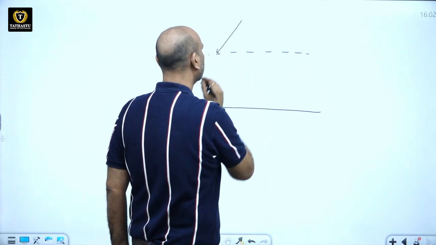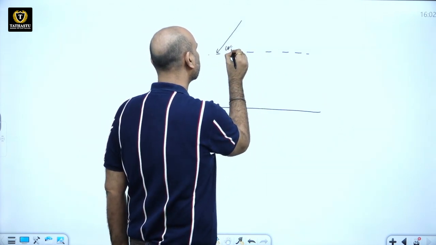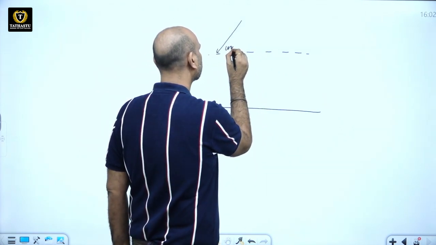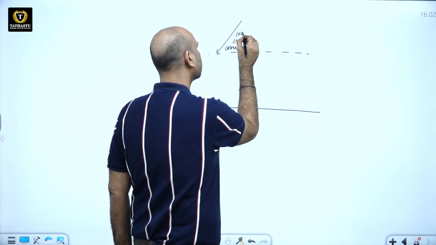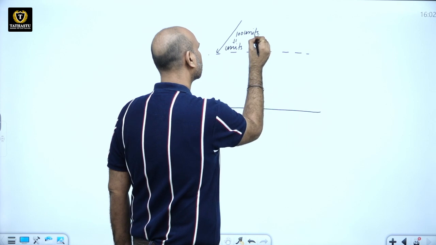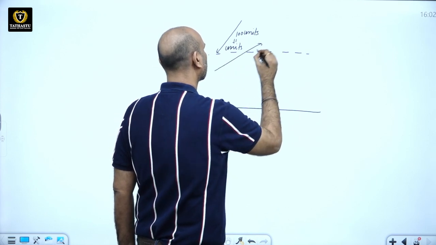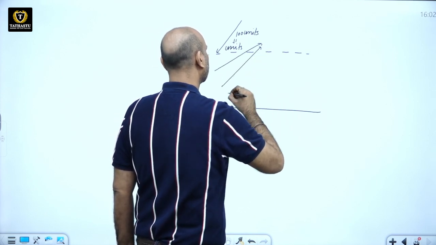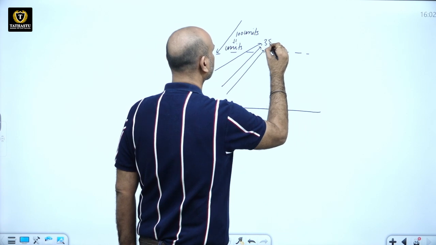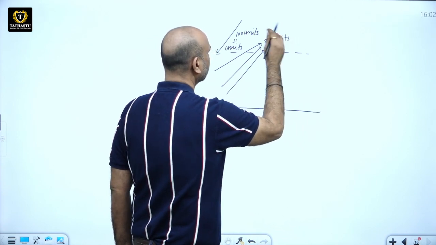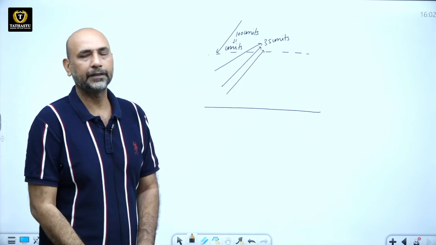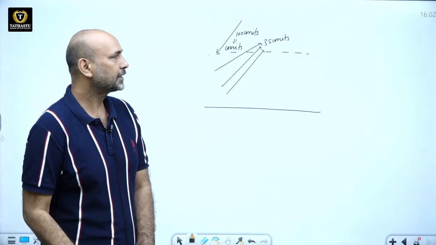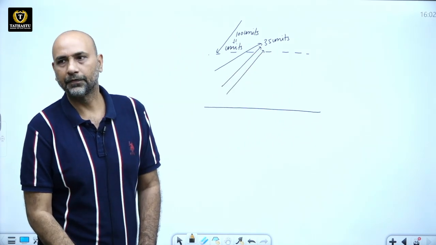It was incoming shortwave solar insolation with 100 units. 35 units are reflected back to outer space. This much I have covered in detail. How much is left? 65 units.